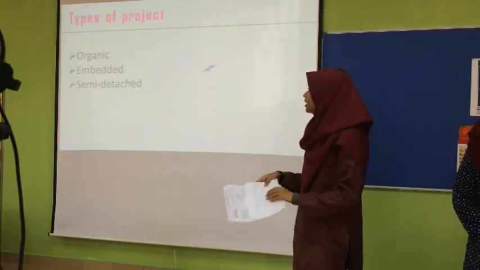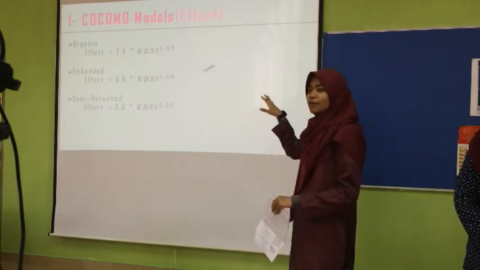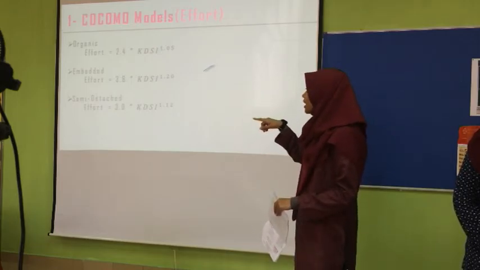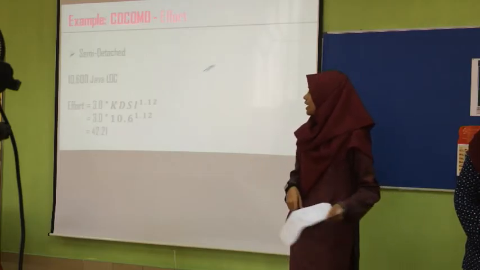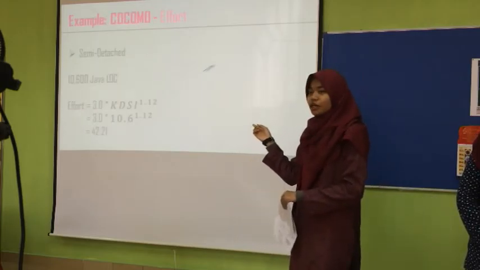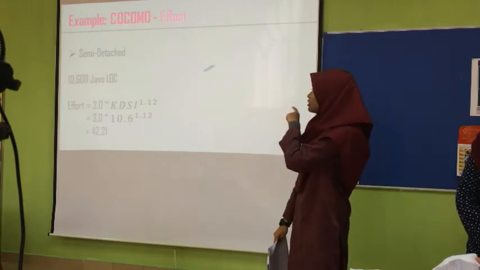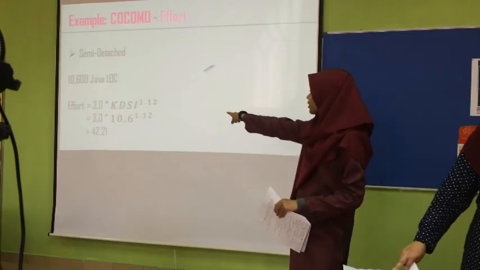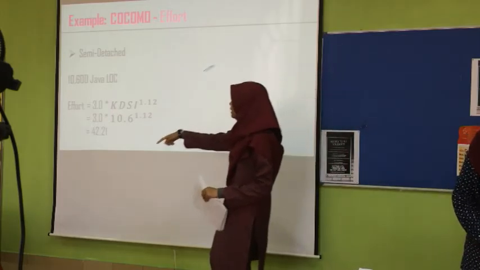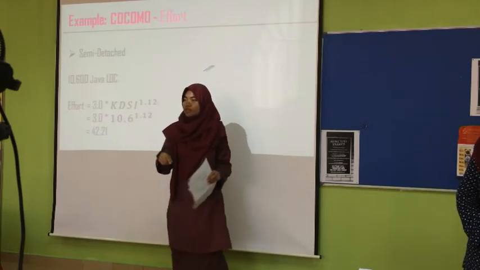Okay, this is the equation for each type of project. You can see it's different. Next, I give an example on the semi-detached type of project, where it has 10,600 lines of code, and you use the equation and just substitute the lines of code into this, and then you get the effort is 42.21.